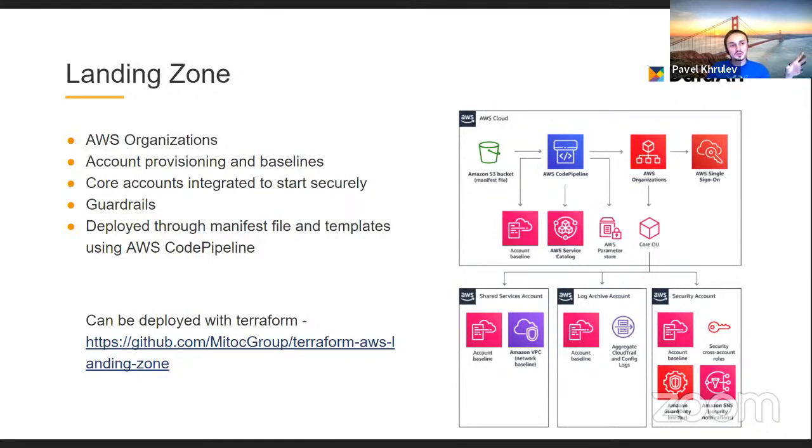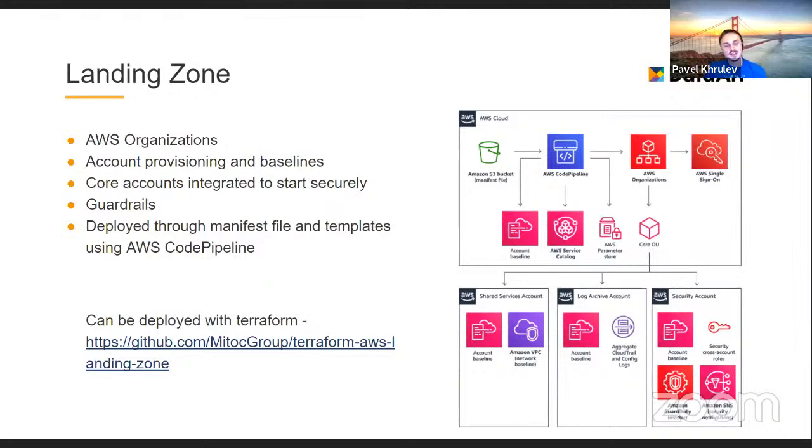Or you can use the AWS recommended way. You can just put your manifest file in an S3 bucket. You can edit CloudFormation templates there. You can edit the manifest file there, and you can deploy AWS CodePipeline, whose template is also provided by AWS.